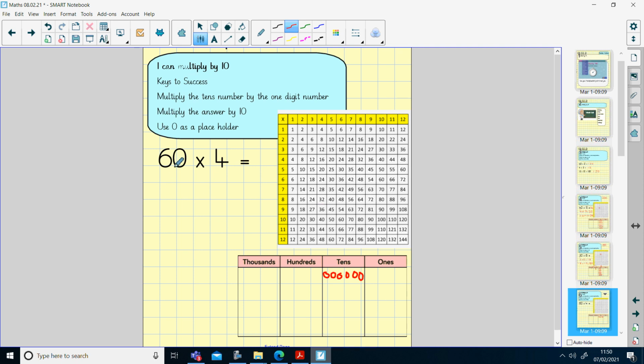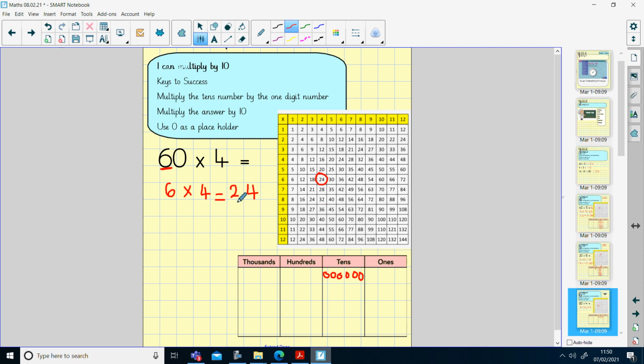So multiply the tens number by the 1 digit, so it's a 6, because it's the 6 tens, and we're multiplying that by 4. We should know the answer to this, but we can use our multiplication grid. So I think the answer is 24, but I'm going to check. So down to the 6 and across 4, and the answer to 6 times 4 is 24.